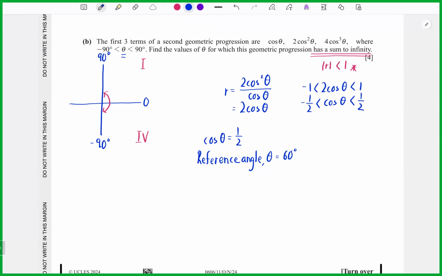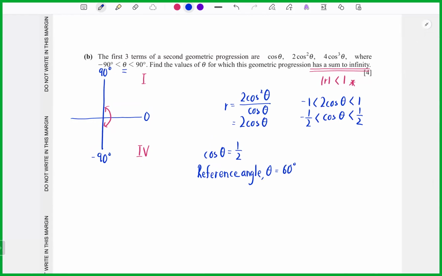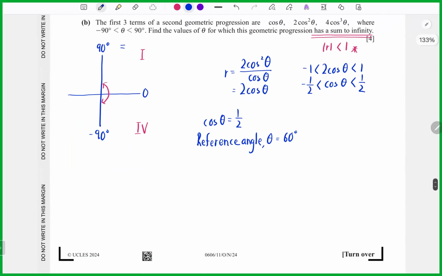Use the reference angle to get negative 1 over 2.